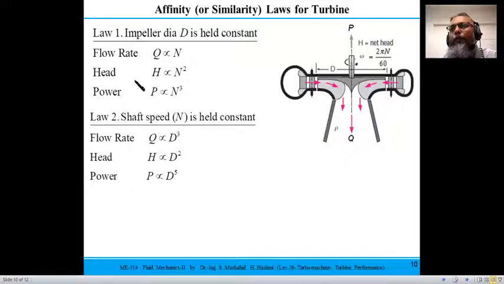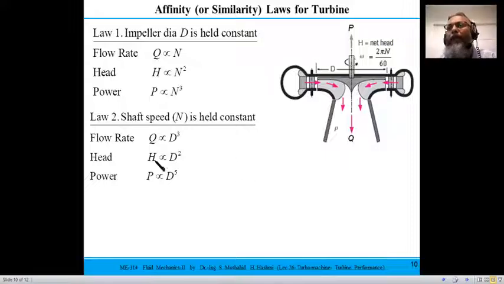If you want to calculate power, either you know the geometry, then the speed can be worked out if you know the angular speed, or if you know the RPM available, then you can work out the power associated. Similarly, if your speed is fixed, that usually happens in pumps where you don't change the motor for running the pump. But in turbines you change the flow rate, you change the head, and you get different power, because in different seasons your dam has different heads.